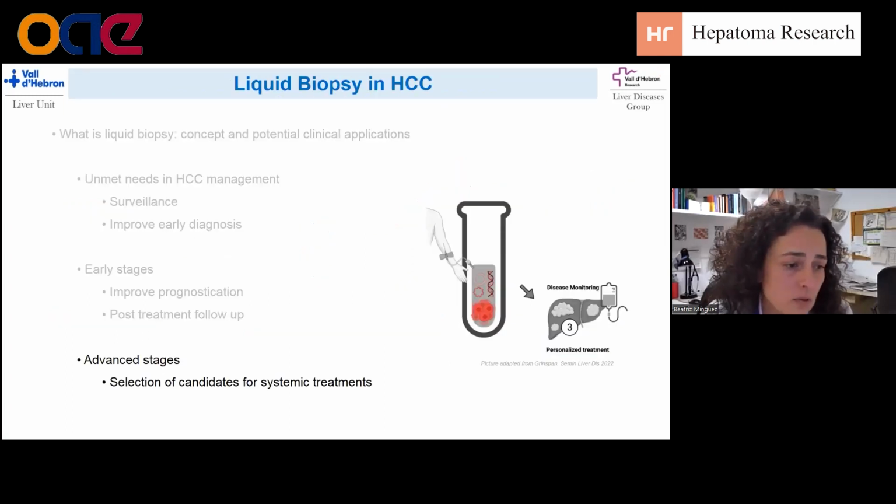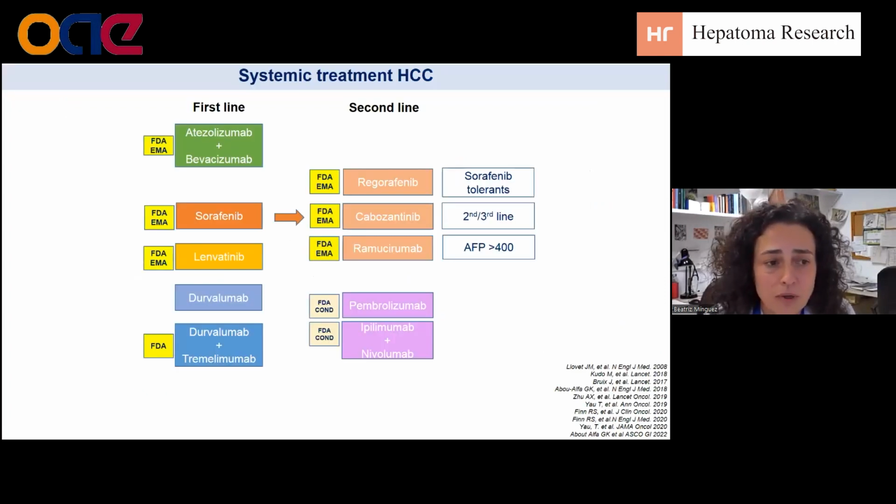And just to conclude, advanced stage, I think that is one hot topic so far now, because immunotherapy has completely changed the landscape of treatments for the advanced disease. And we have for many, many years only sorafenib, and the sequence of treatments is very well established after sorafenib, including ramucirumab.